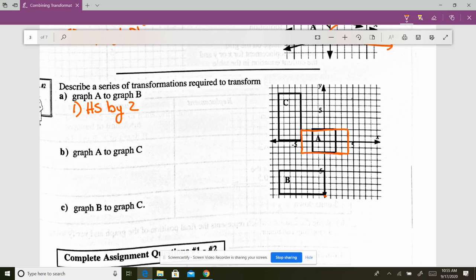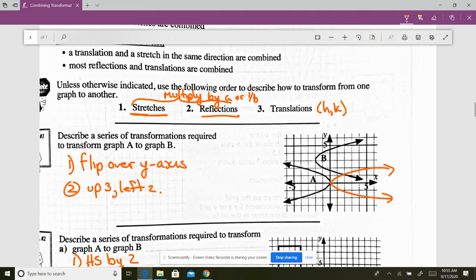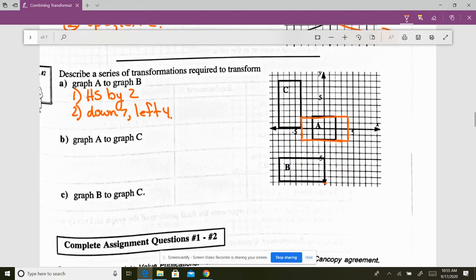Yep. Then we go down 7, left 4. And the reason I'm just writing them like this is that it doesn't matter the order you use for the translations. It doesn't matter if you go left first and then down, or down and then left. Okay, that's how we go from A to B.